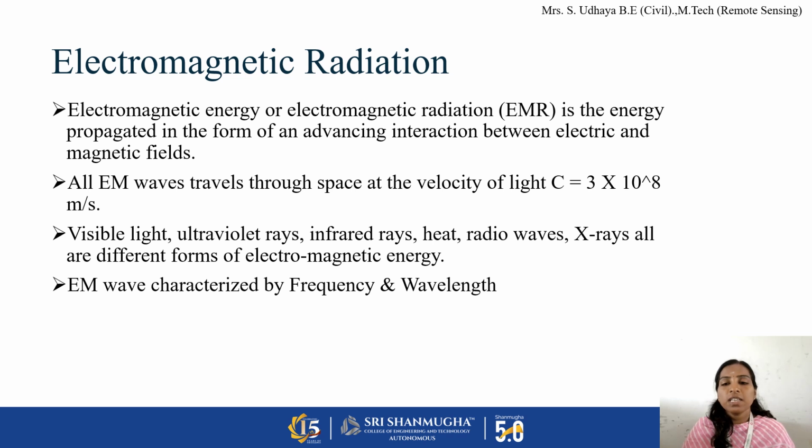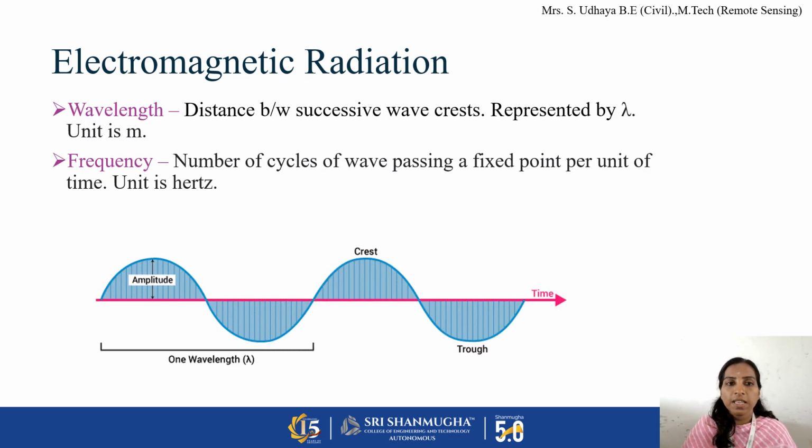Electromagnetic waves are mainly characterized by frequency and wavelength. Let me tell what is wavelength. Wavelength is nothing but the distance between two successive wave crests. As you see in this image, the distance between two successive wave crests is called wavelength, and its unit is meter, represented by the symbol lambda.